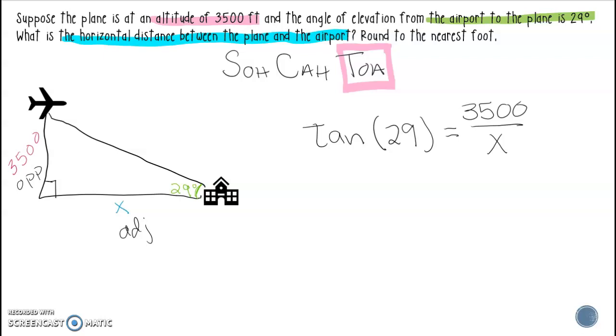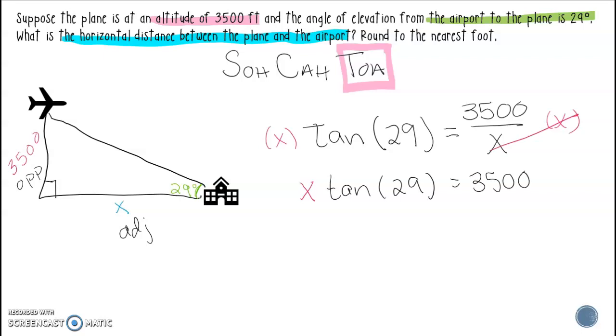I need to find what that measure of x is. So in order to solve for x, to get that out of the denominator, I'm going to multiply both sides by x. So those will cancel out. I get x times the tangent of 29 equals 3,500.